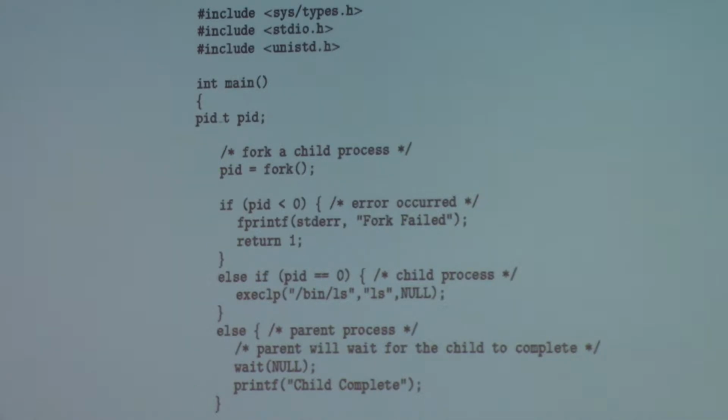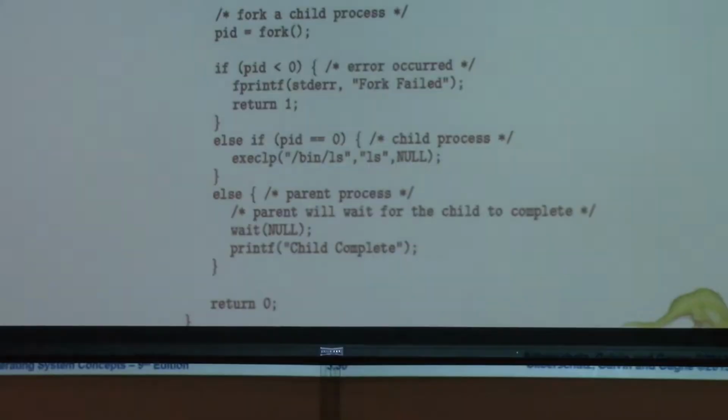As you can see, there is main, and there is the system library command fork. The return of fork is a process ID. Right now this is the current process, whose process ID is 100.